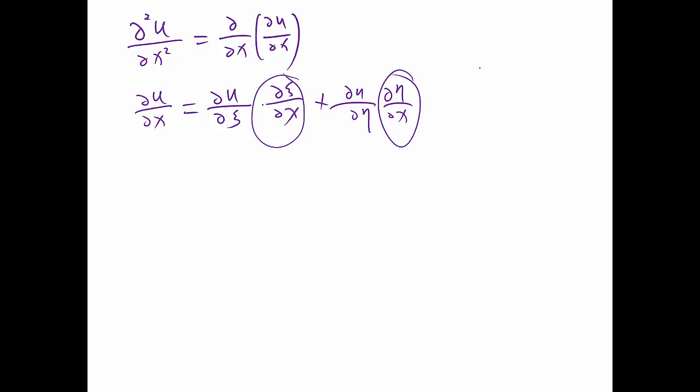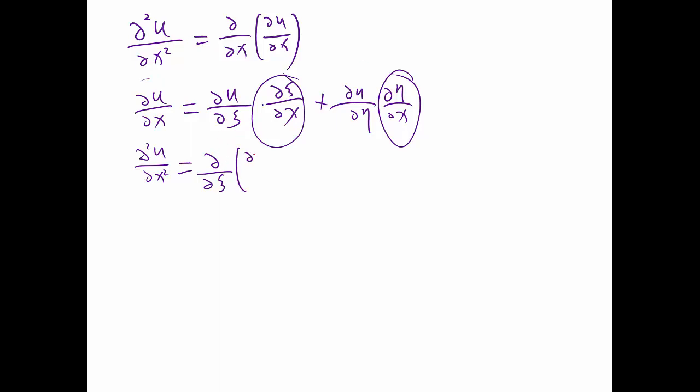Alright. And if you look at the second order derivative, it is equal to the first order derivative applied to this, which is equal to partial eta of, instead of u, I have the first order derivative, which is expanded. Let me just write it down.